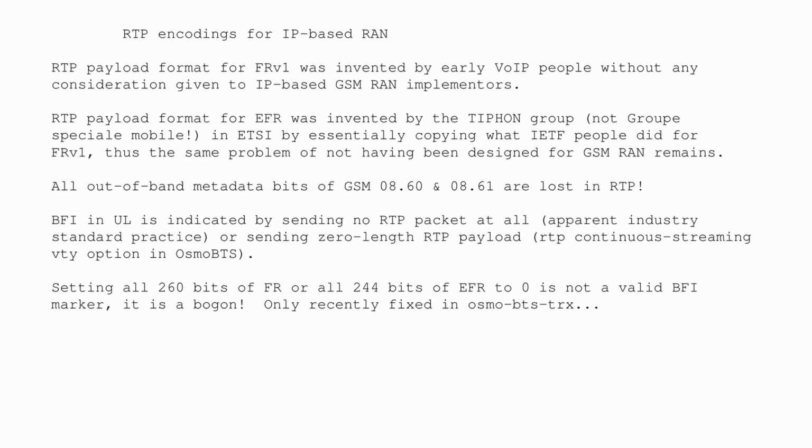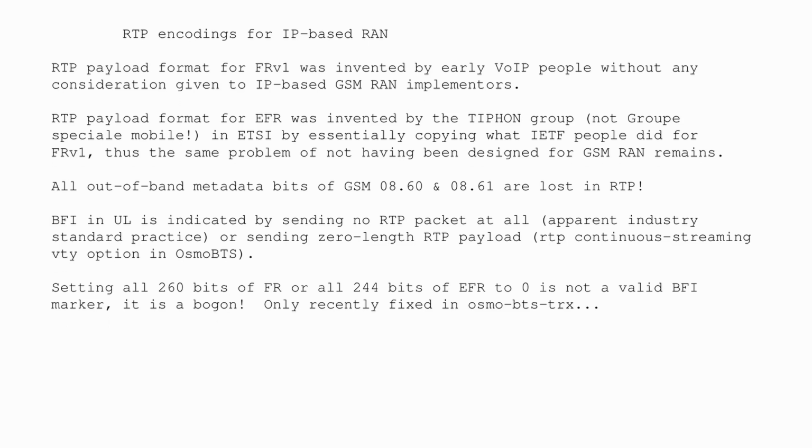Let's see. So now we get to RTP encoding. Here you can see the history of how the RTP payload formats came about. With FR1, it's very obvious that there was no consideration of GSM RAN.